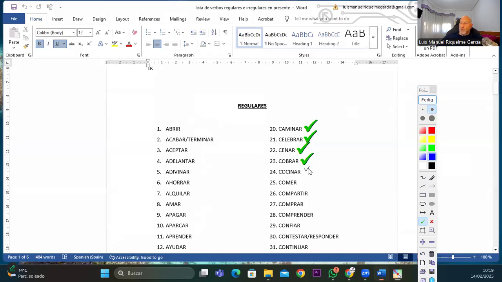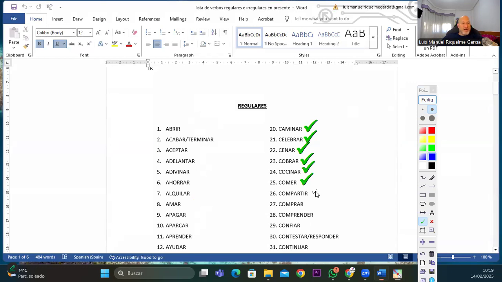Cocinar, to cook. Comer, 2 meanings. Generally speaking, it's the verb to eat, and it can also be the midday meal. So it can also be to have lunch. So it is either to eat or to have lunch.